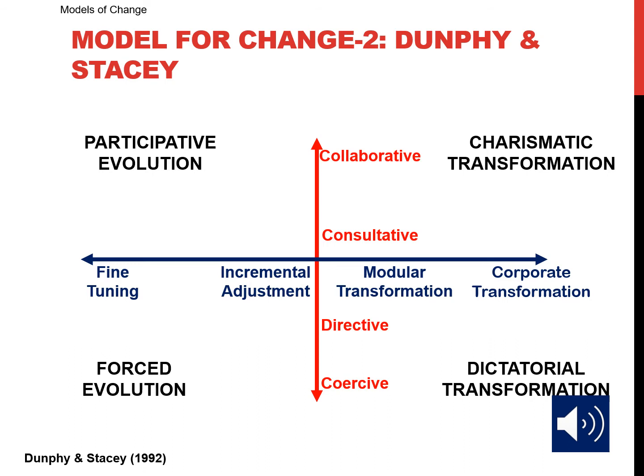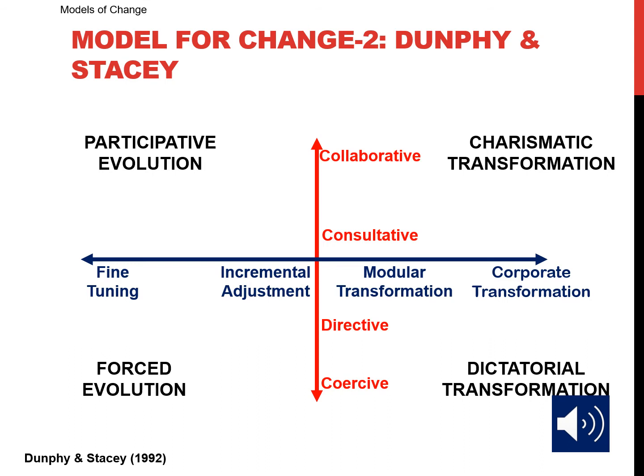Next, we can use the forced evolution style of implementing projects when the project still is a small project, what we call fine-tuning, but there is not much support or not much agreement regarding what and how of the project.